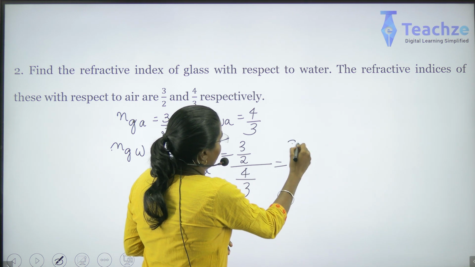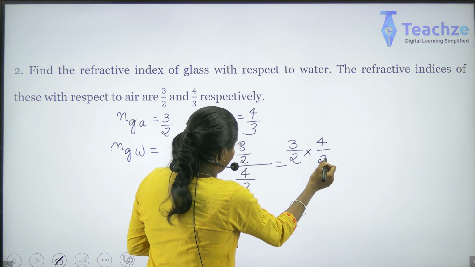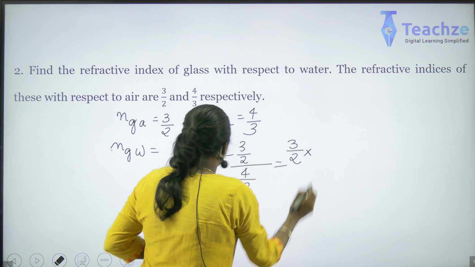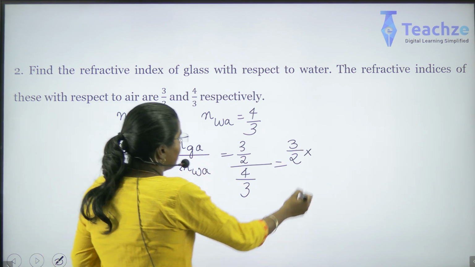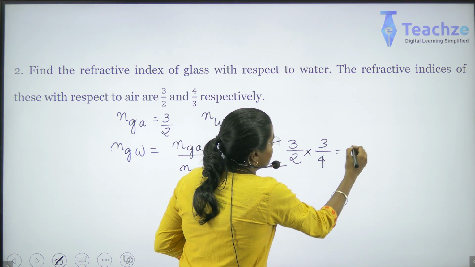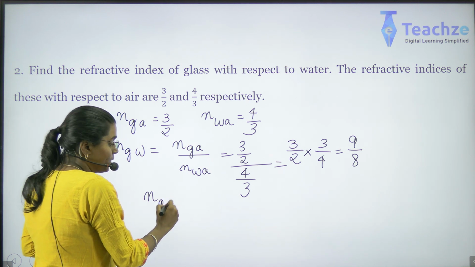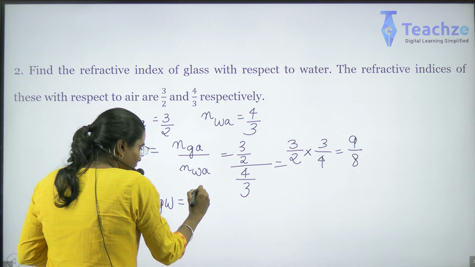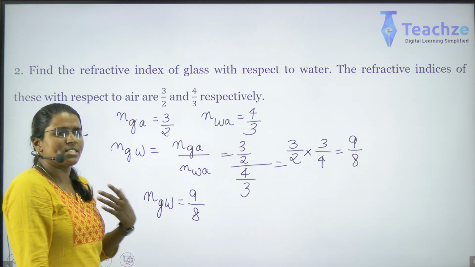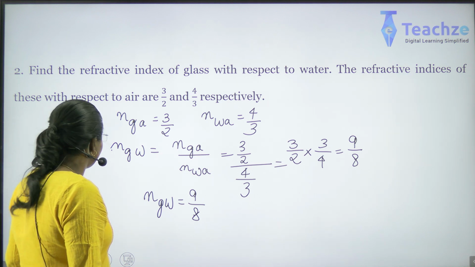Taking the reciprocal, it will be 3 by 2 into 3 by 4, so 9 by 8. So refractive index of glass with respect to water is 9 by 8. Okay, moving on to the next one.